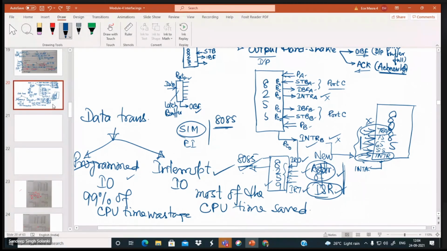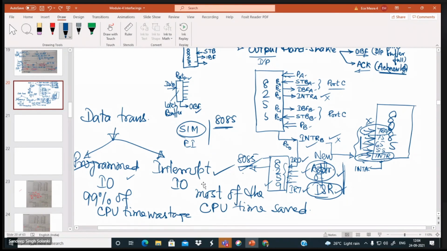Today I've just taken the input. In the next class I'll take the output handshake, and then I'll take some examples. The examples will be taken for both programmed IO type and interrupt IO type. Then your concept will be clear.